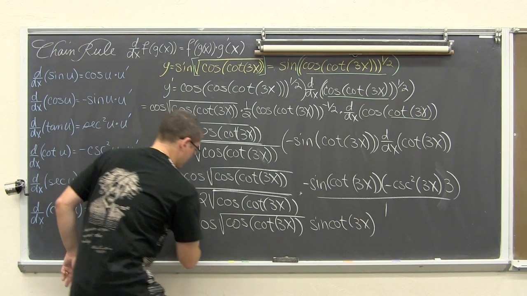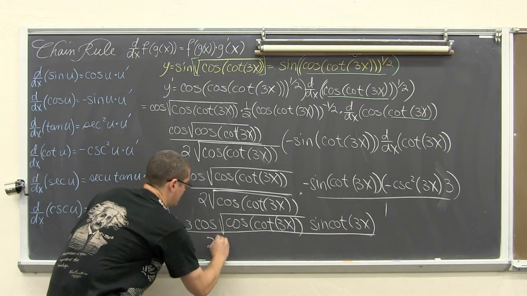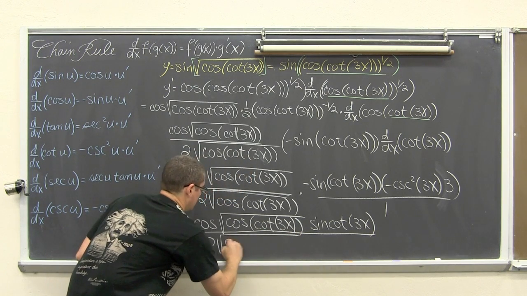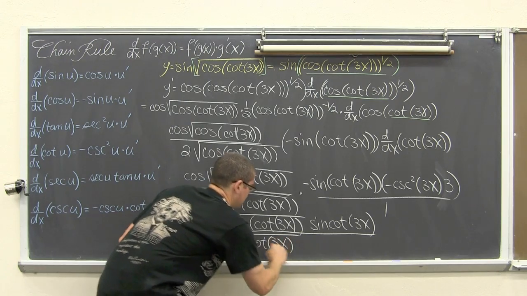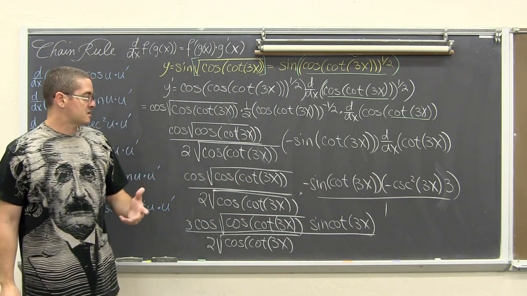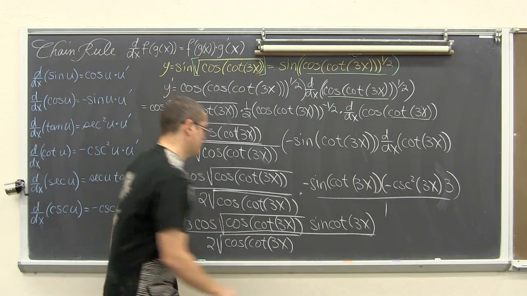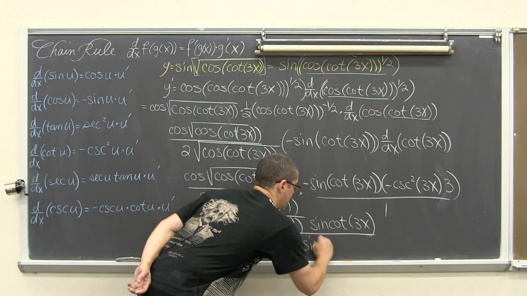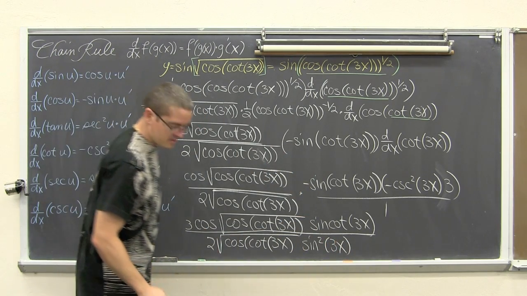We have the denominator, which I haven't written yet. Can you tell I really don't want to make a mistake on this video and reshoot it? Cosine cotangent 3x. Now the cosecant squared is 1 over sine squared, so I'm going to go ahead and bring this sine squared of 3x into the denominator. And I'm pretty sure I am now done.